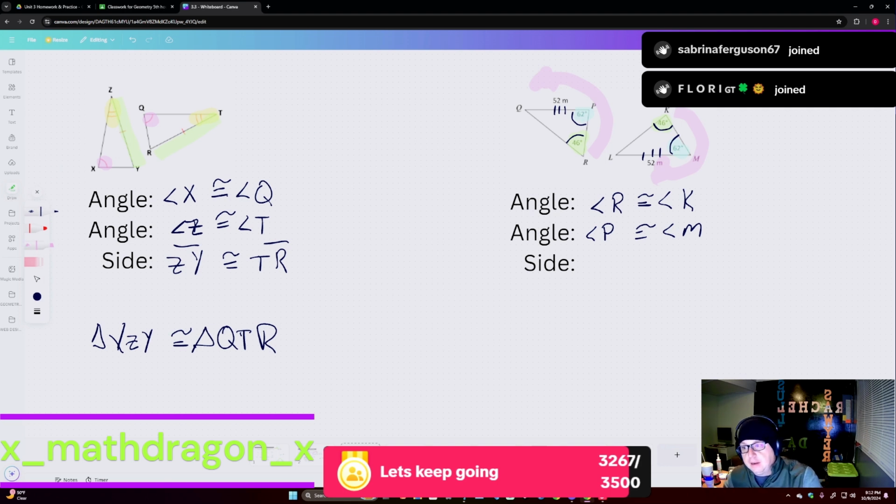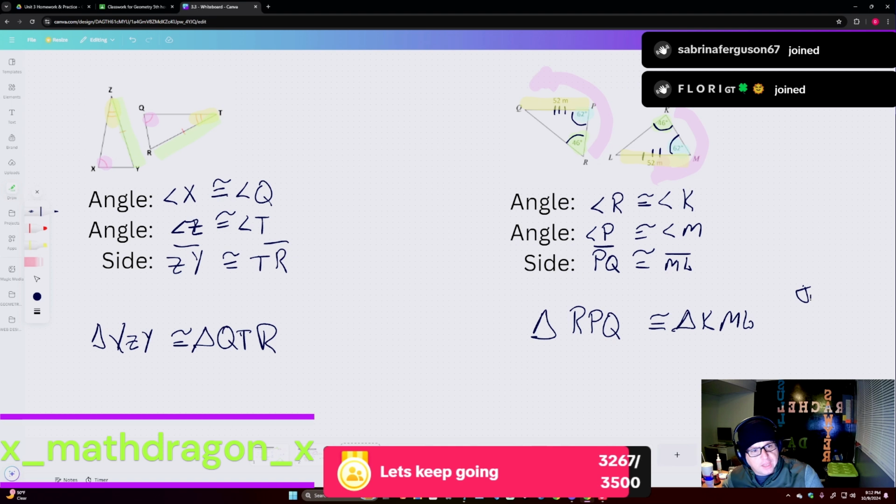And I'm going to say, for the last one, we're going to go P to Q, and we'll go M to L. So we'll say P to Q segment is congruent to M to L segment. So then triangle RPQ, so R to P to Q, is congruent to triangle KML. And why do we know that?